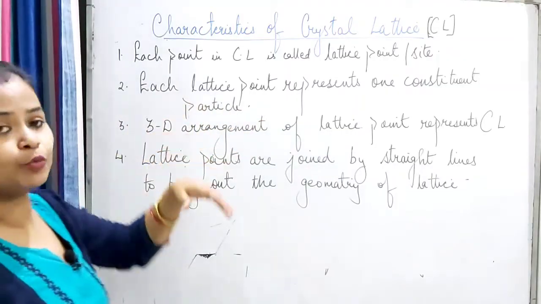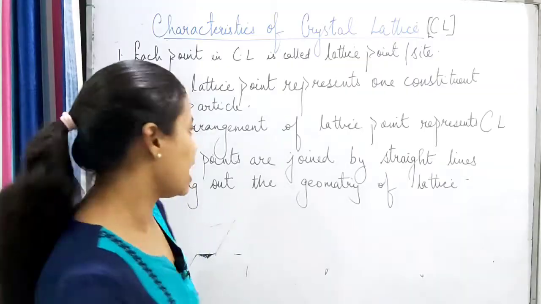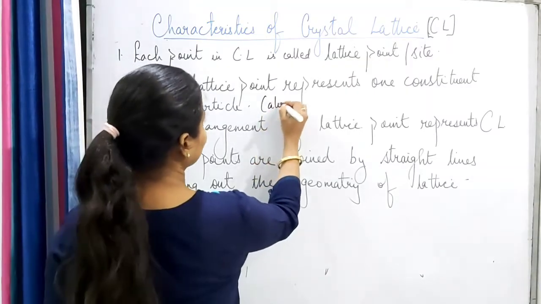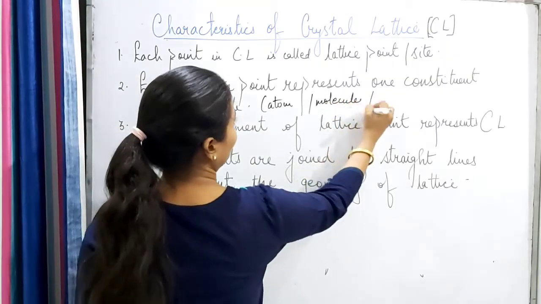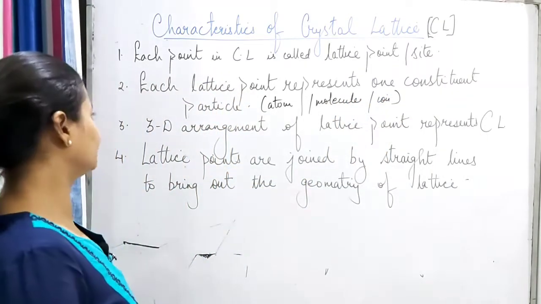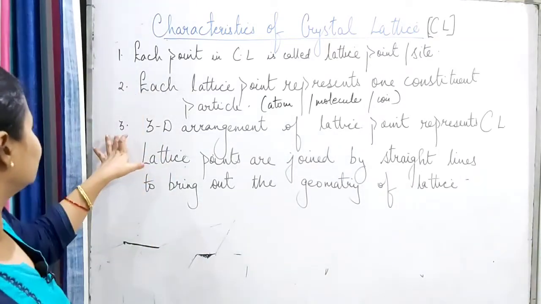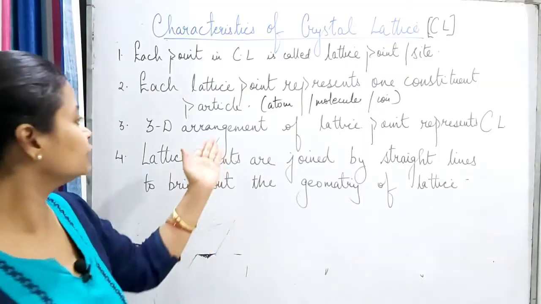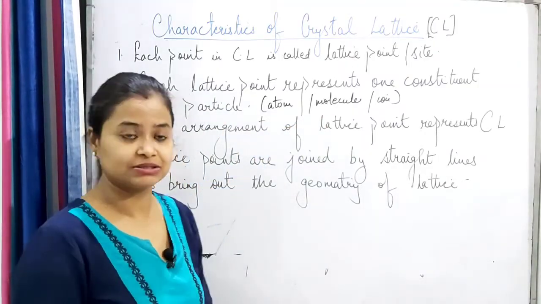Then each lattice point represents one constituent particle. And we know what can be the constituent particle. It can be an atom, molecule or ion. Okay, so each lattice point represents one constituent particle. Then the three-dimensional arrangement of lattice points represents the crystal lattice.